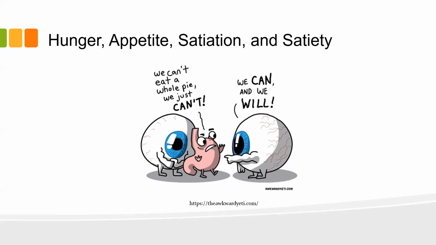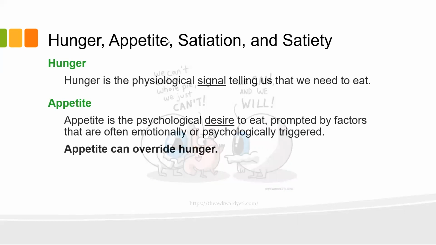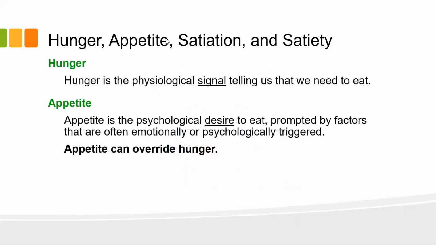Let's talk about hunger and appetite first. I think most of us have a pretty decent idea what hunger and appetite are. Usually most people clump them in as being somewhat the same thing. They're not quite. Hunger is a physiological signal, and it's telling us we need to eat. And usually it's kind of unpleasant.